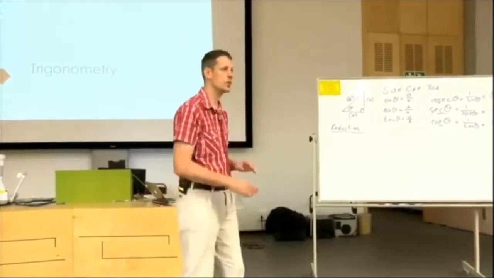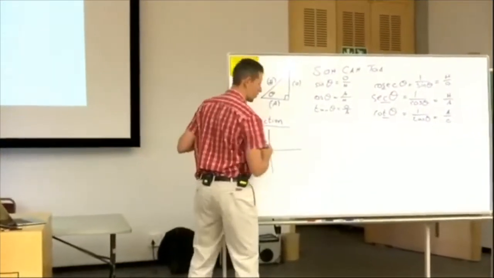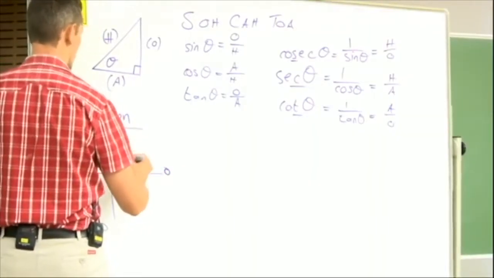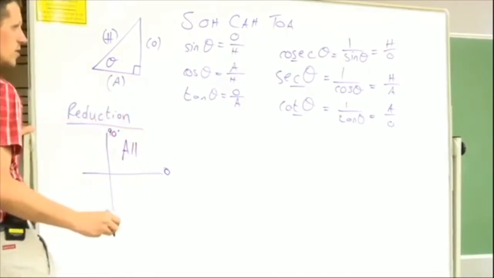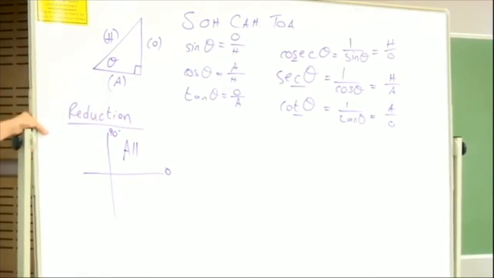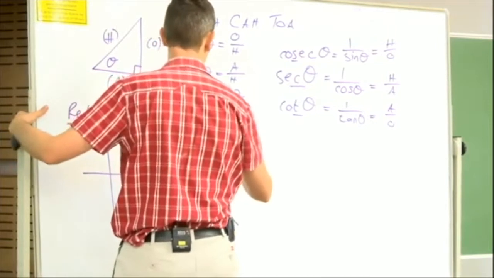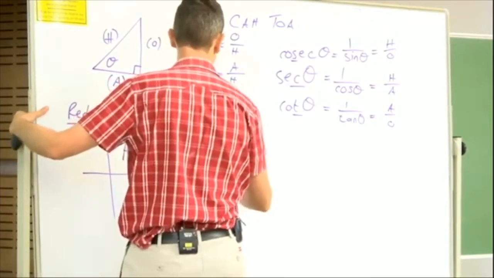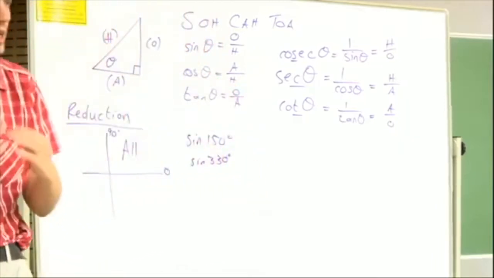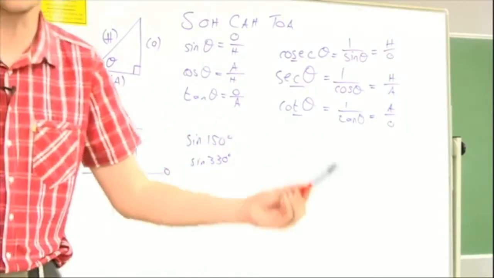Why is that? Who can quickly tell me? Because according to the CAST diagram, between 0 and 90, all ratios are positive. So for instance, if I want to compare sine of 150 and sine of 330, it's really difficult, because 150 and 330 have got nothing to do with each other.